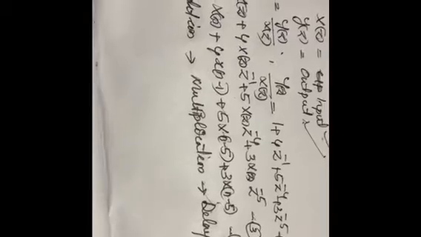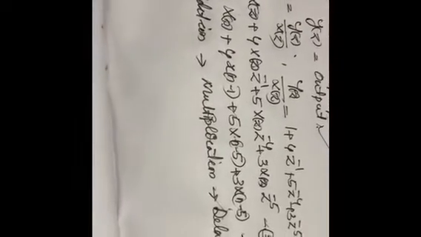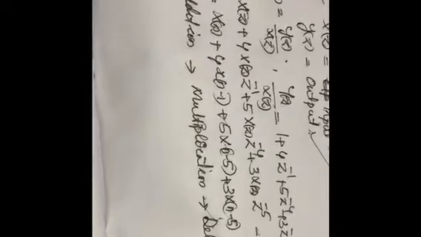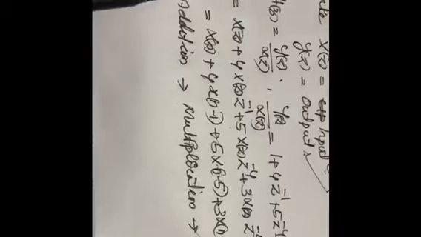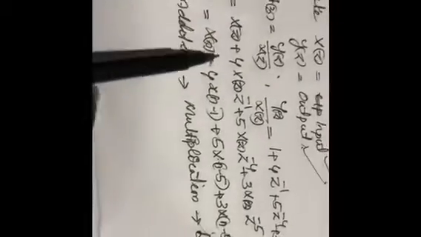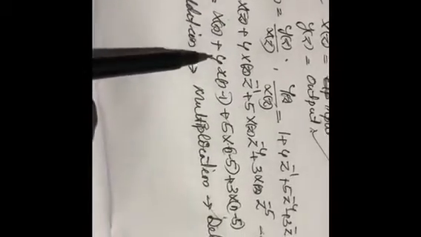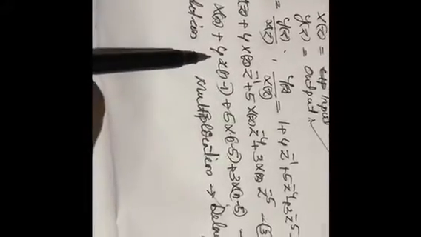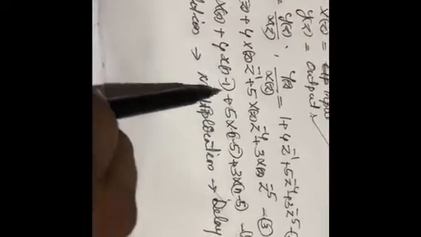Then take the inverse z transform on both sides. We got y(n) = x(n) + 4x(n-1).